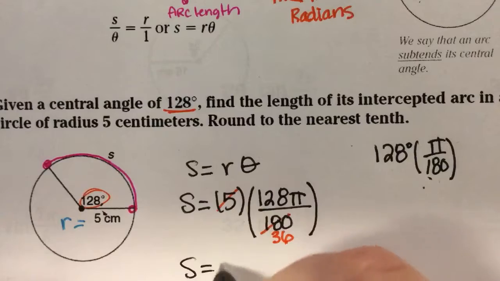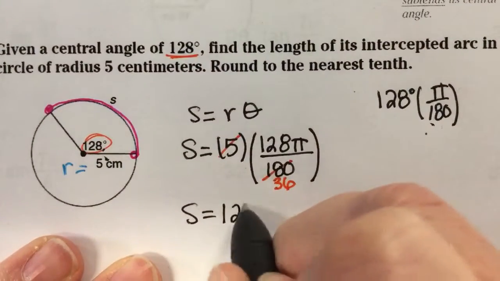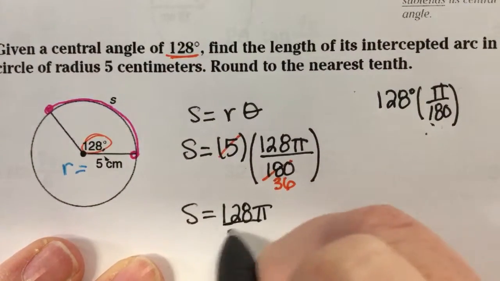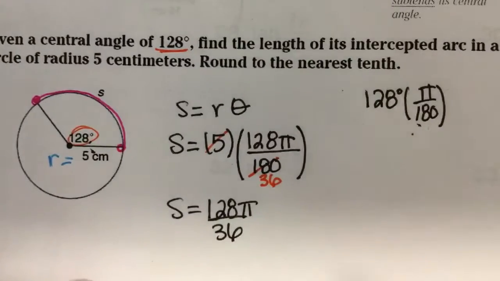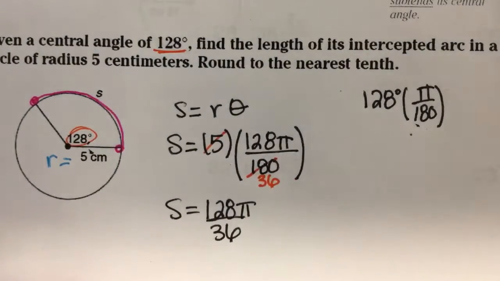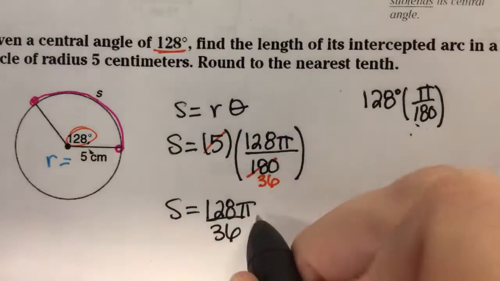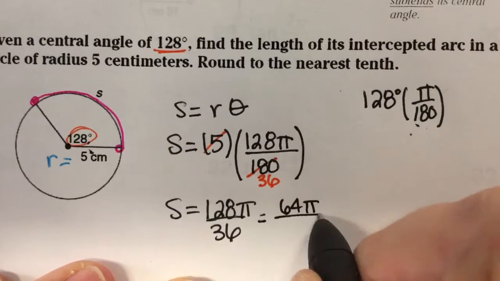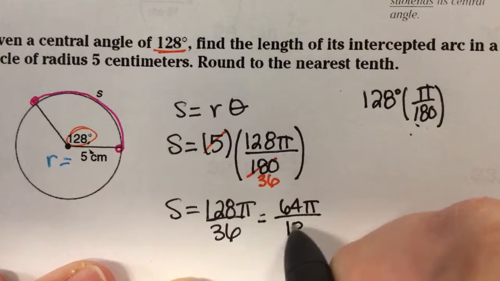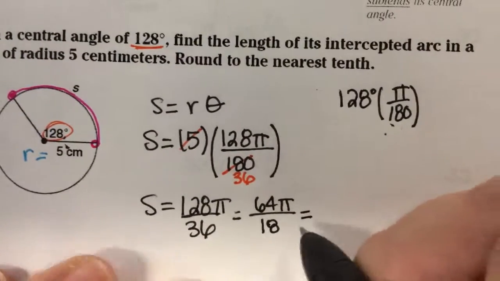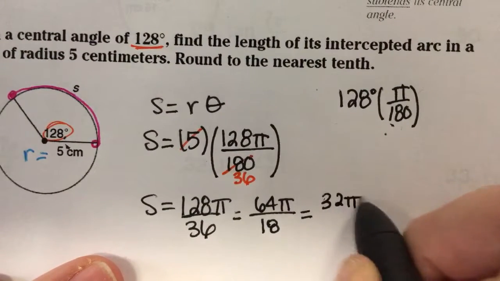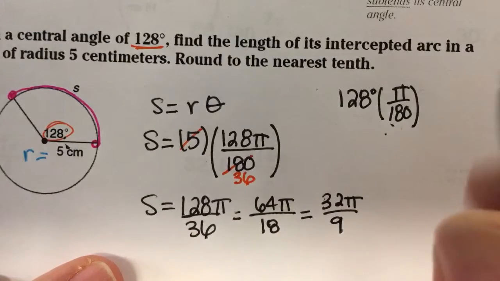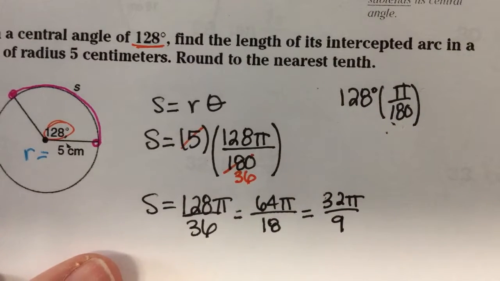So now I have S equals 128 pi over 36. Those are going to reduce by 2, so 64 pi over 18. Those are going to reduce again: 32 pi over 9.